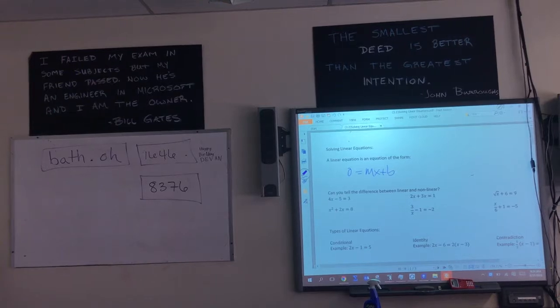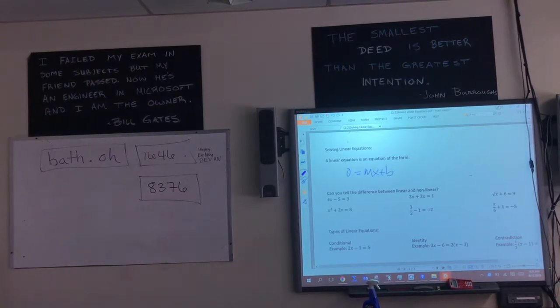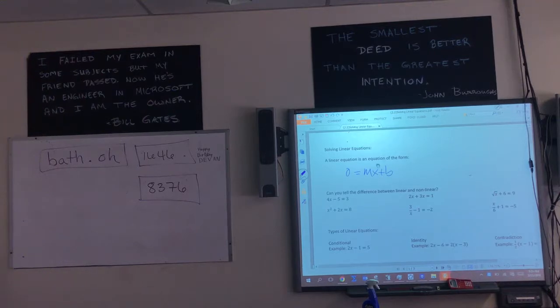Okay, doesn't matter. But the defining characteristic of a linear equation is that the leading degree, which means the highest integer exponent, is 1. Highest exponent is 1. It's a polynomial, okay?